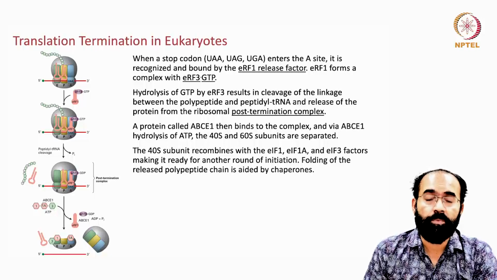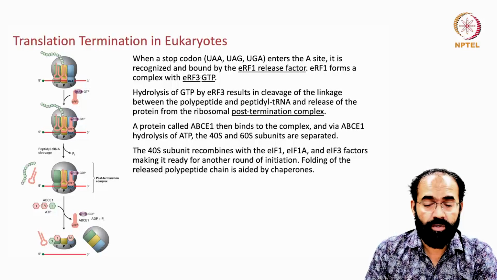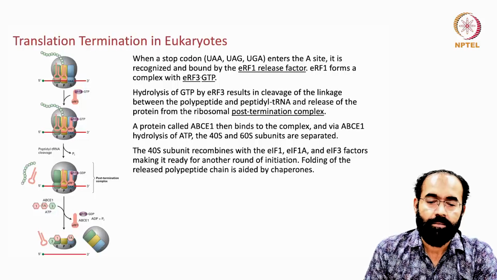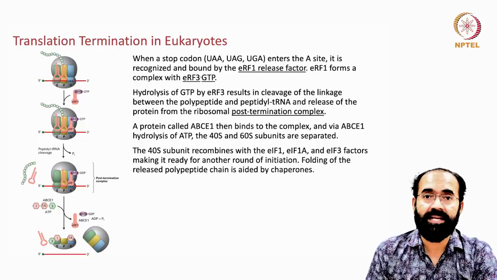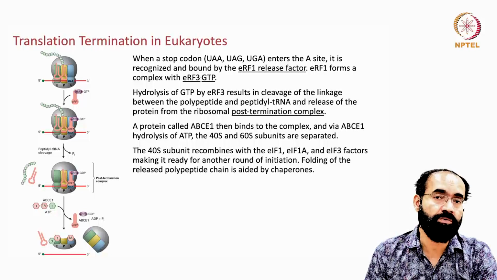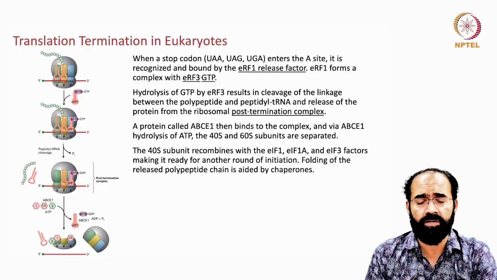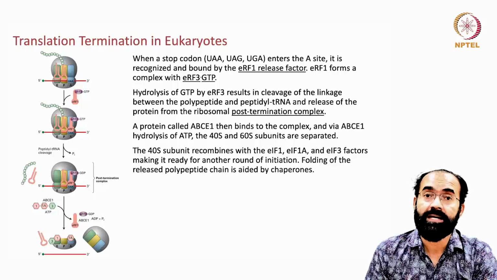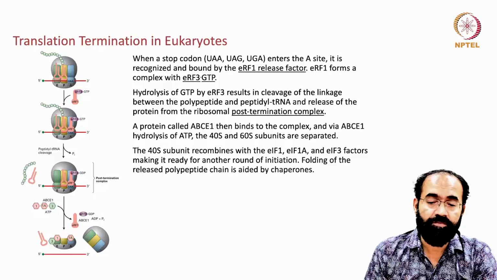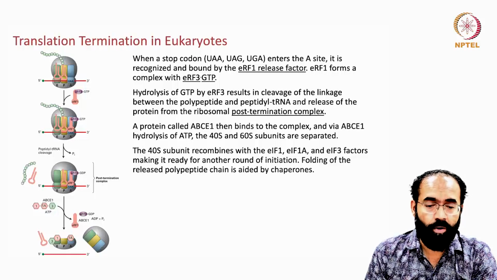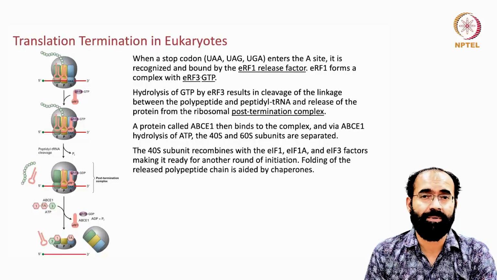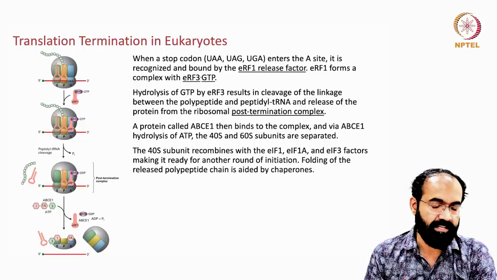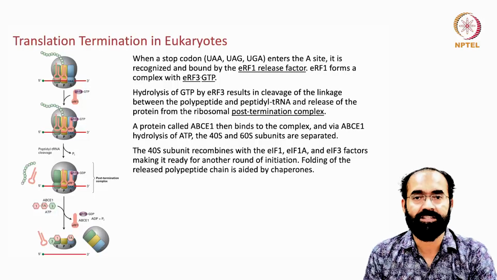When stop codons such as UAA, UAG, UGA enter the A site, no tRNA can come, because no tRNA has the anticodon corresponding to the stop codons. So you end up getting an eRF1 release factor, and eRF1 forms a complex with eRF3 GTP. We discussed this when we were talking about nonsense mediated decay, when RNA stability was discussed.